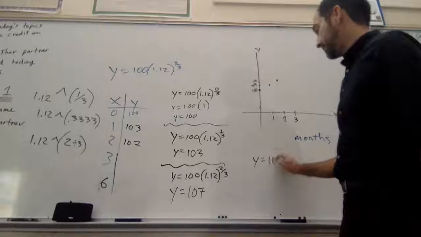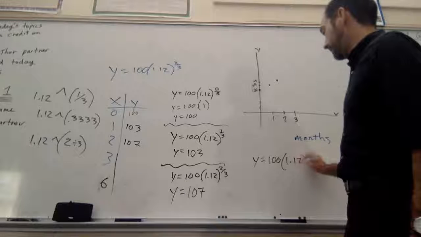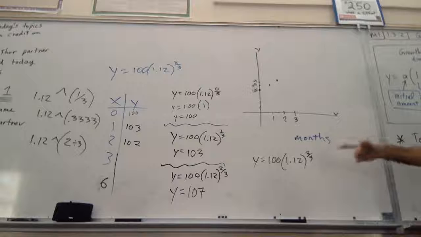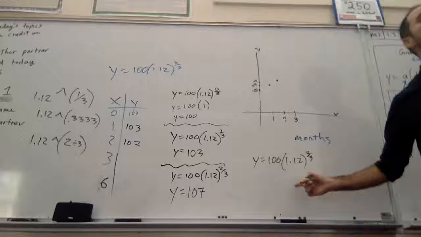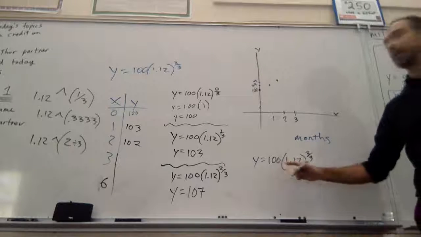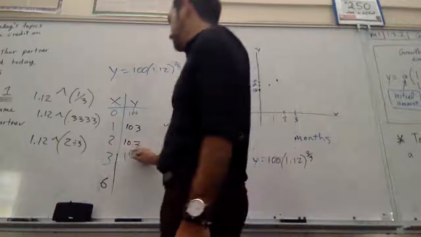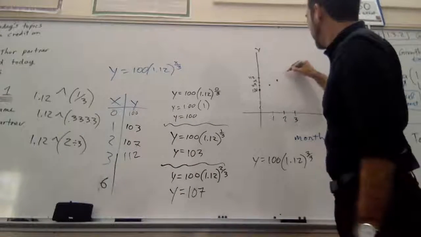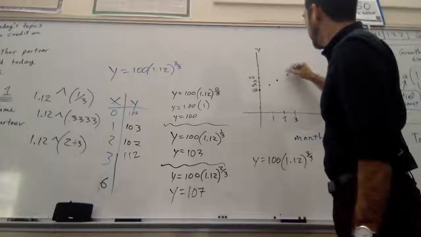Y is equal to 100, 1.12. 3 over 3 is equal to what? 1. 1.12 raised to the first power is 1.12. Times 100 is 112. Right.